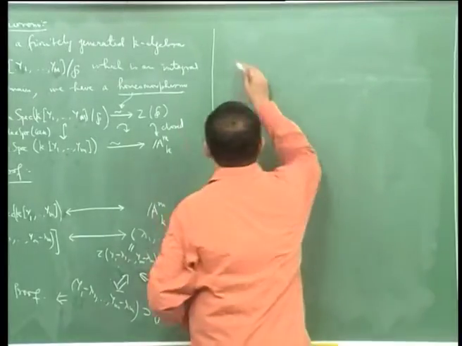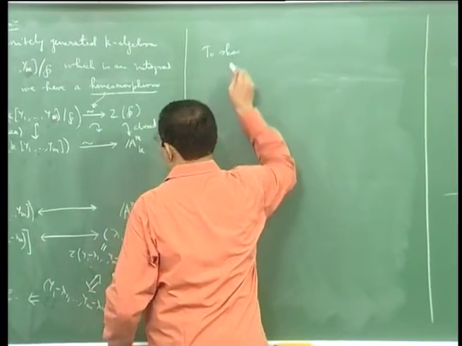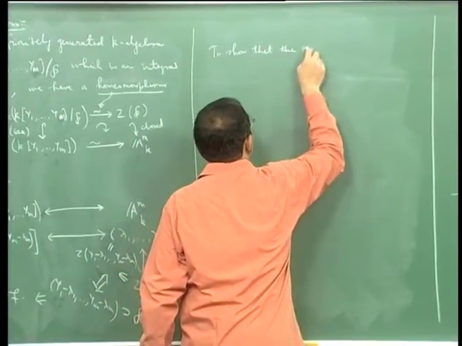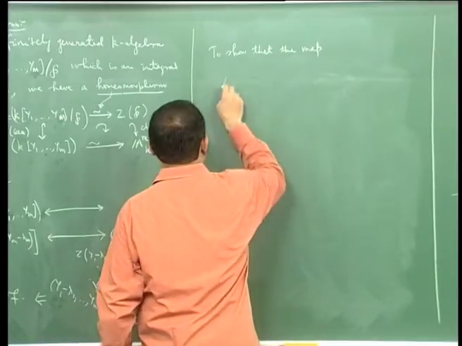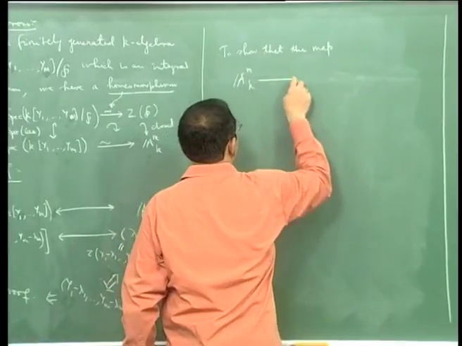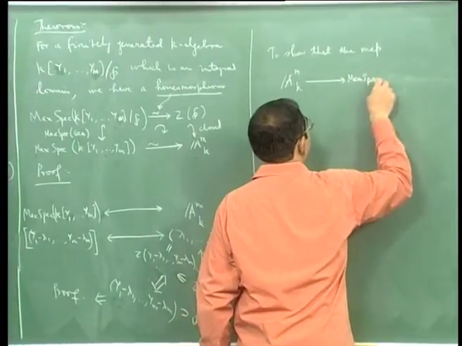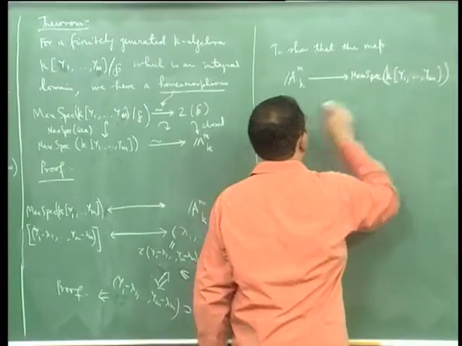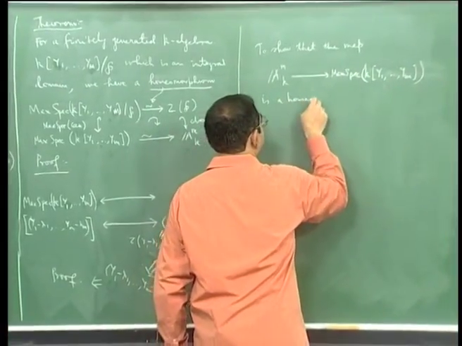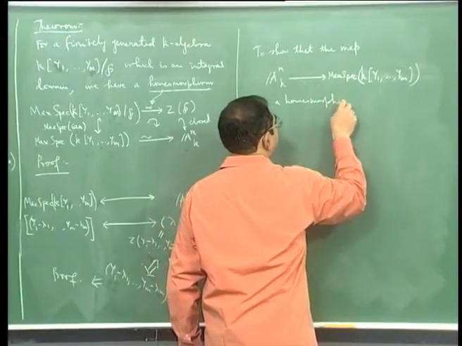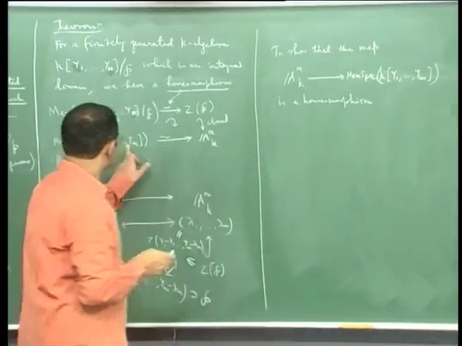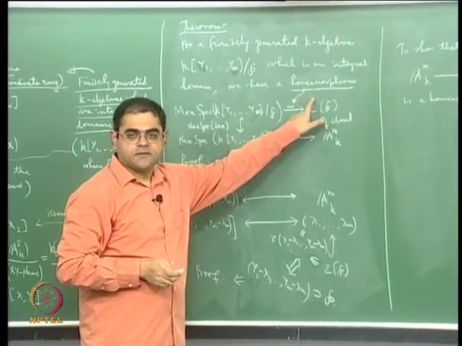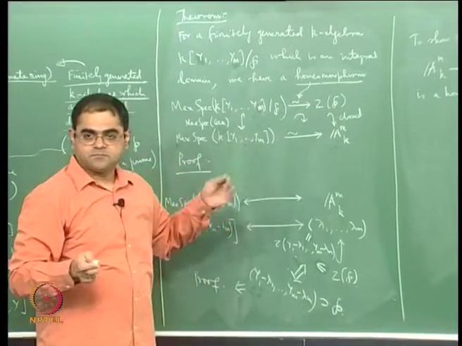So to show that the map A^m to max spec K[y1, ..., ym] is a homeomorphism, let me first show that this arrow is a homeomorphism, then I will show this arrow is a homeomorphism. I will deduce that this arrow is a homeomorphism and I am done, okay.